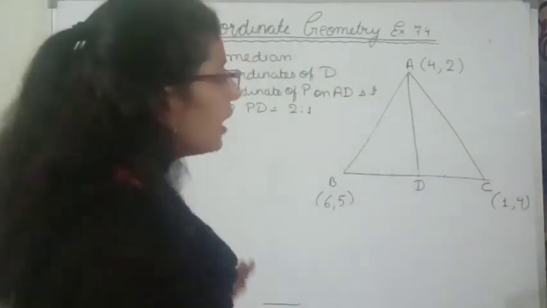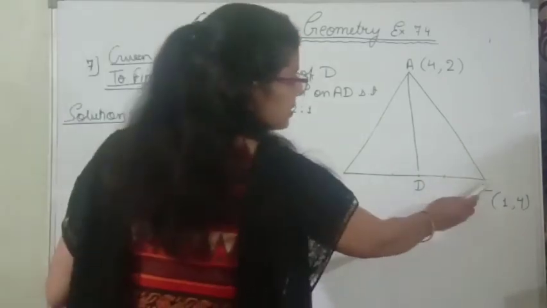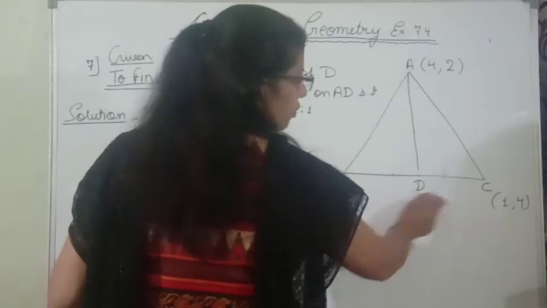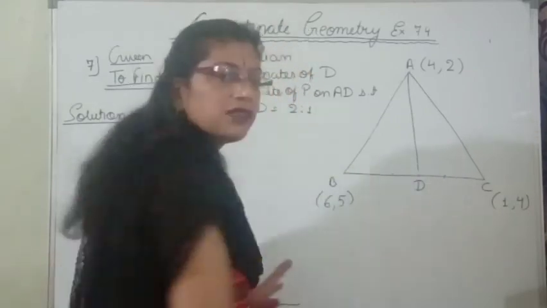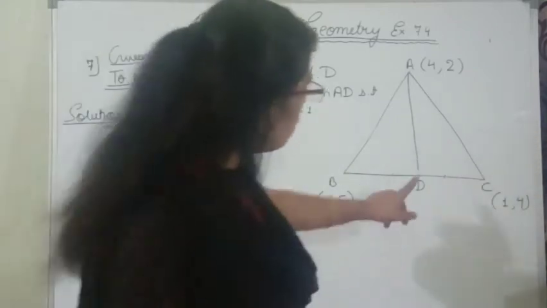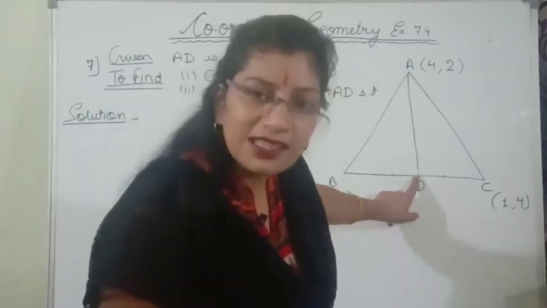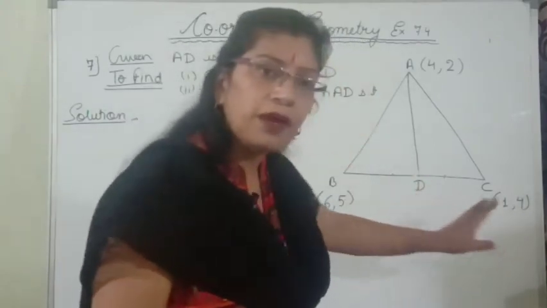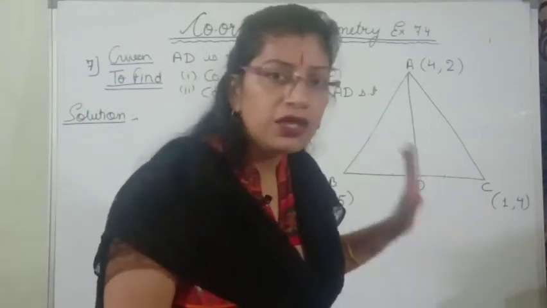Very easy. As you know, this is a line segment BC and D is the median. That means D is the midpoint of BC. Median होता है तो it is the midpoint of the opposite side. So ये midpoint है तो midpoint के coordinate कैसे निकालते हैं? x1 plus x2 divided by 2 and y1 plus y2 divided by 2.